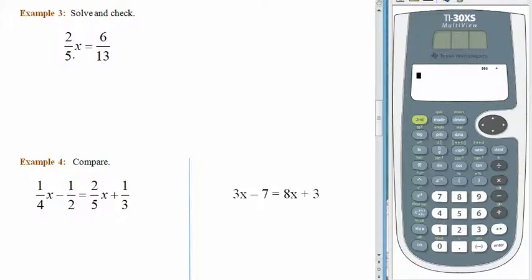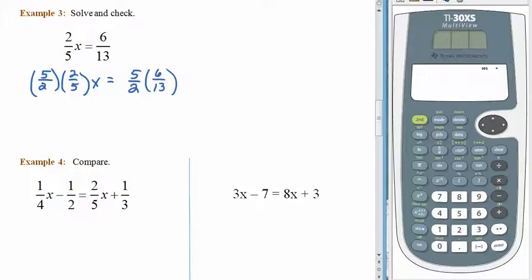X is being multiplied by 2/5. Rather than divide both sides by 2/5, let's go ahead and multiply both sides by the reciprocal of 2/5. And you know that the reciprocal of 2/5 is 5 halves. So I've got 5 halves multiplied by 2/5 of an x is equal to 5 halves multiplied by 6/13.